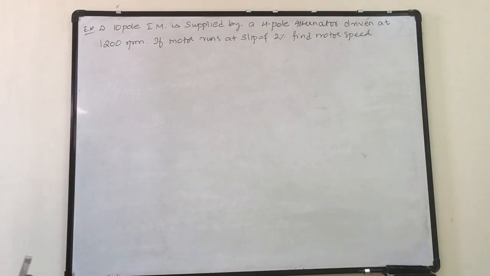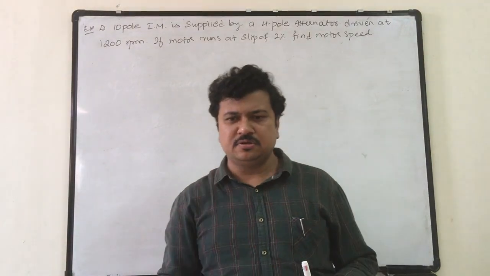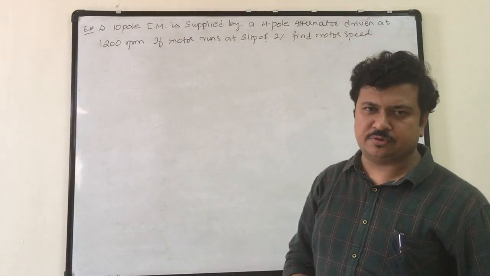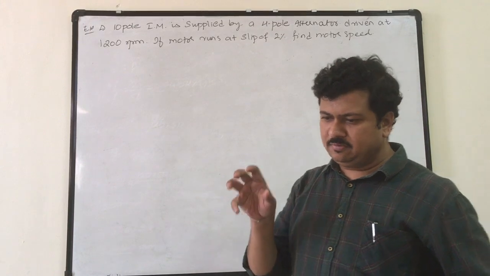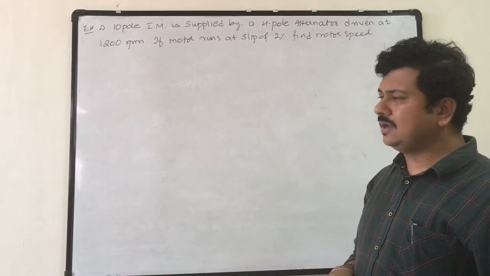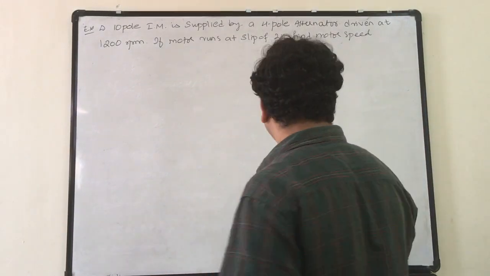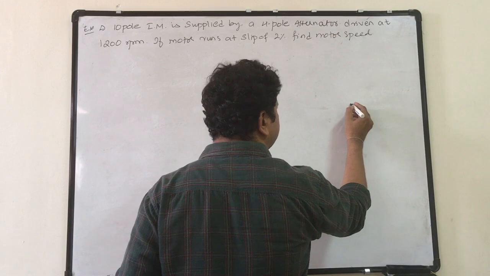Now we know that induction motor is the machine which takes electrical energy as input and gives out mechanical energy as output. For giving the supply to induction motor, some source should be there. Now I have directly connected an alternator to this induction motor.